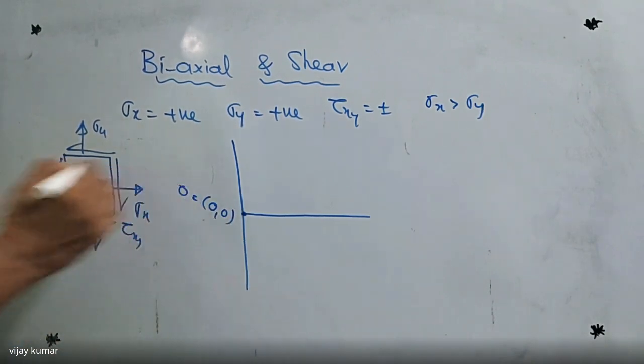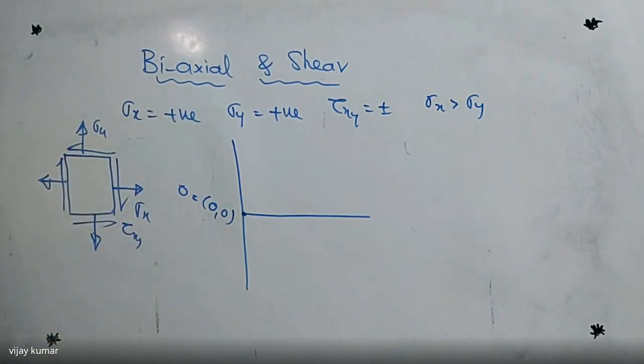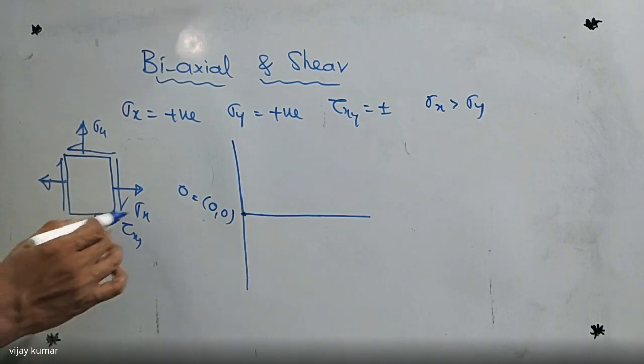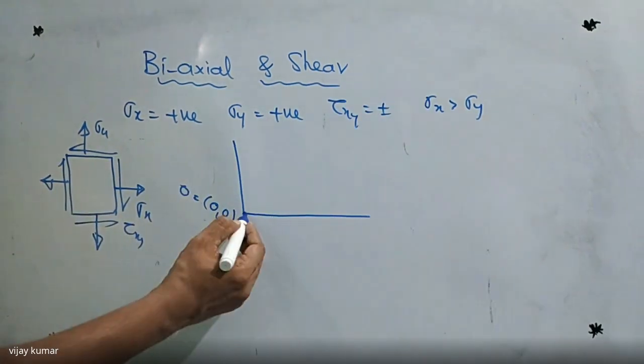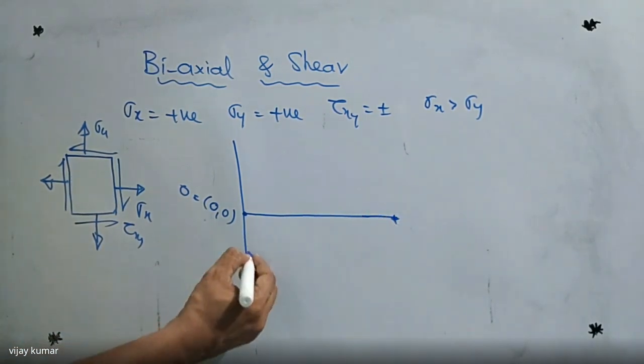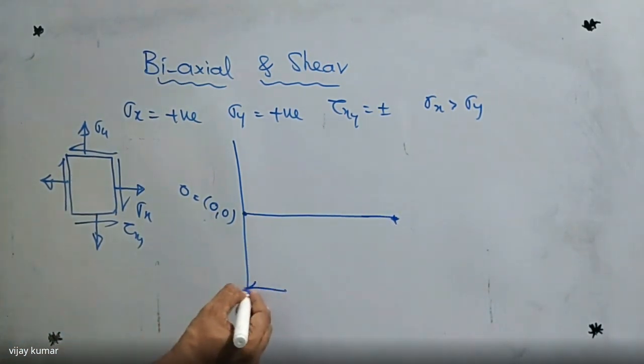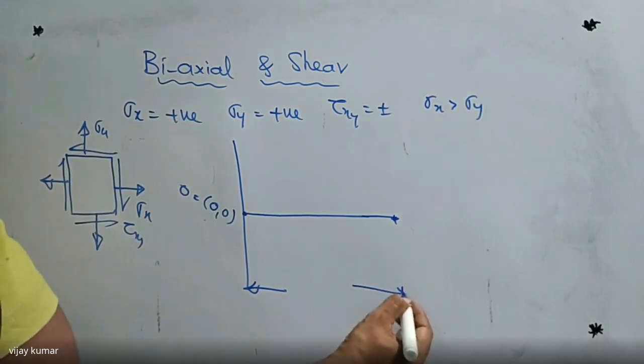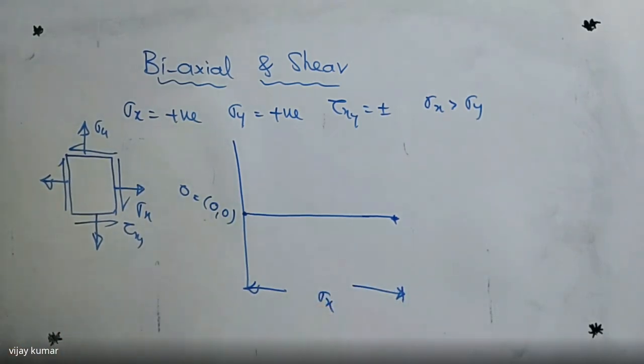First of all, I am taking this sigma x positive. I'm going to take from this point to this point, this entire length, which belongs to sigma x, that is along the x direction.